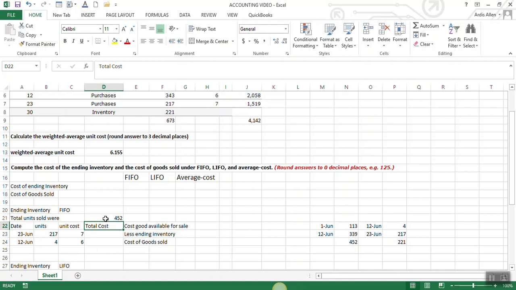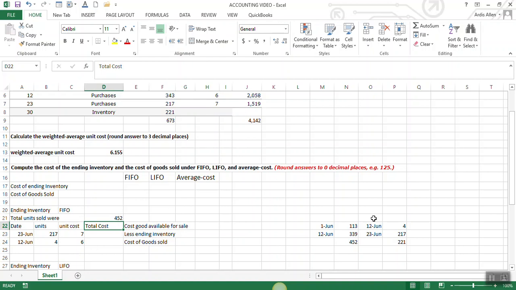Now that we know that 452 units were sold, we can apply FIFO, which is first in, first out. This means that all the units that were in the beginning of the month would be sold first.